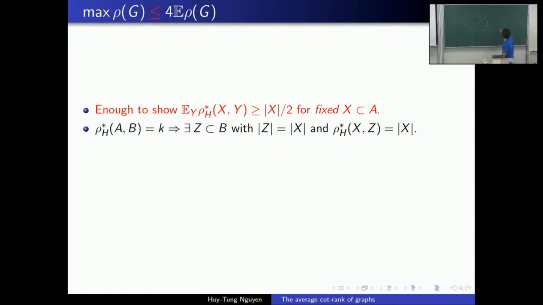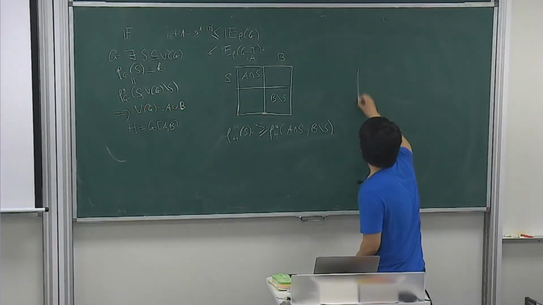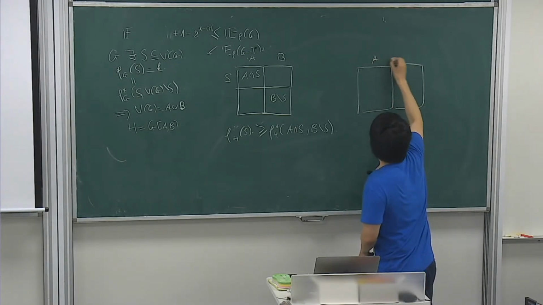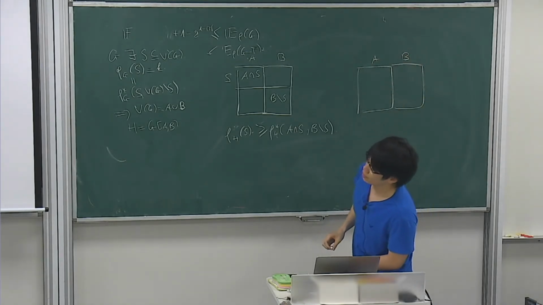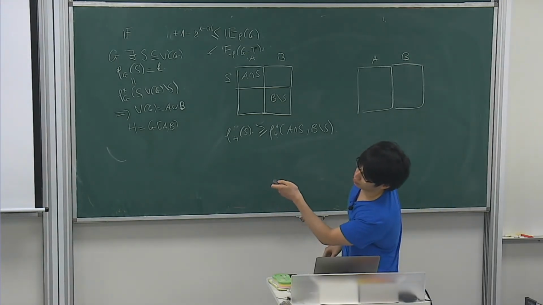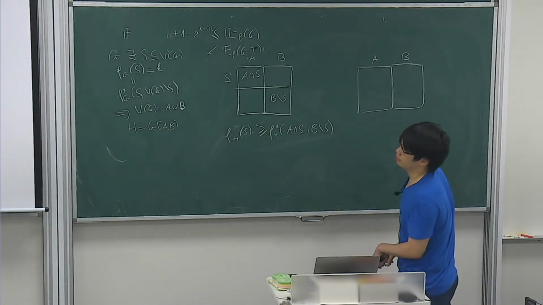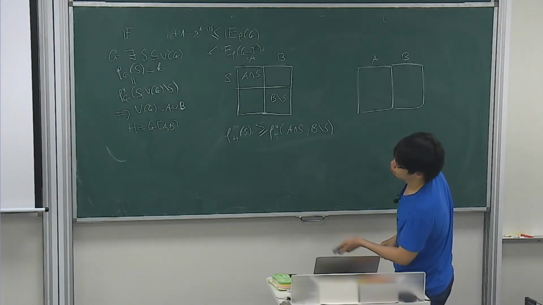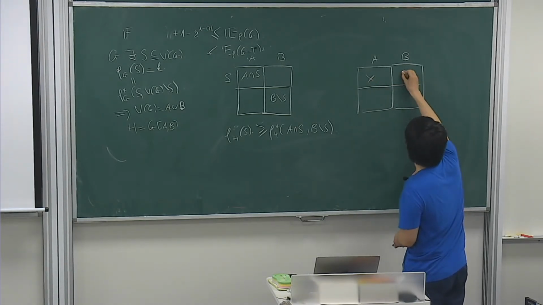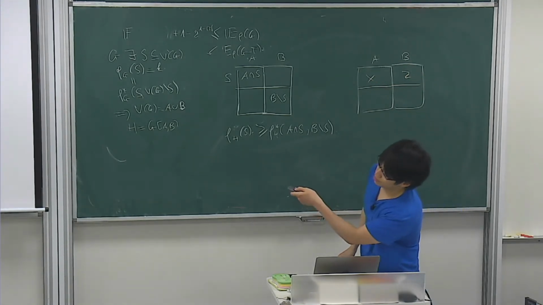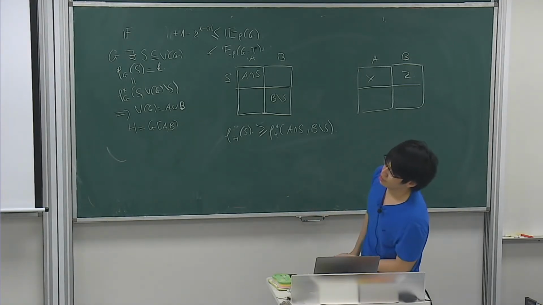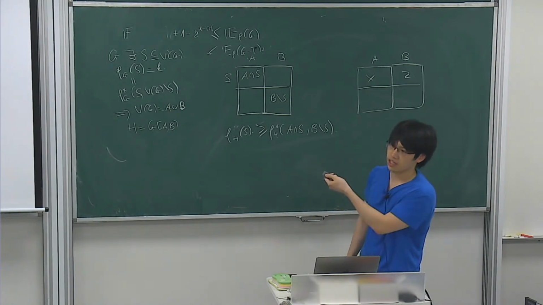So now we have A and B. Right, and because the rank of the AB cut is exactly k, there must be some z here, satisfying that the rank of the xz cut in H is exactly the size of x.